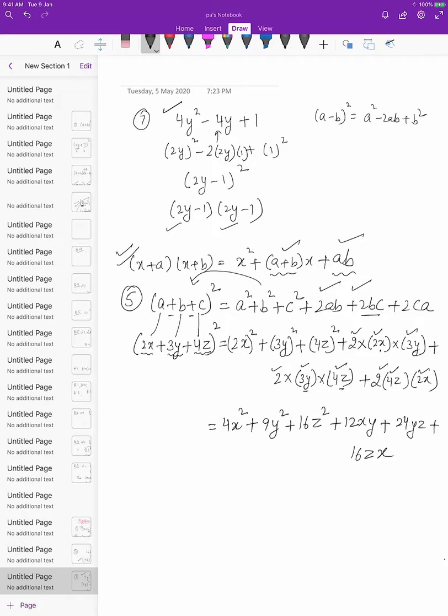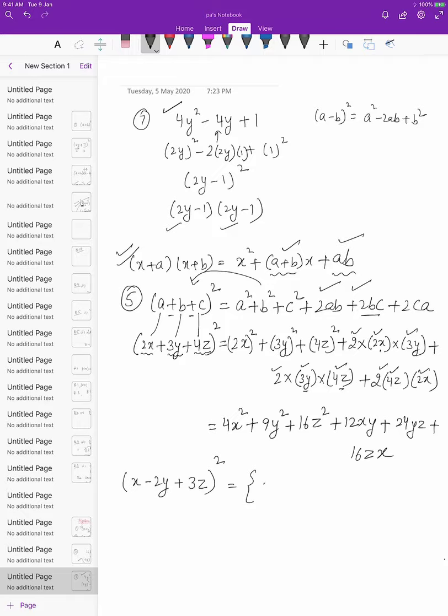Very simple. Now let me take one example with some of the negative terms. Suppose I take a number as x minus 2y plus say 3z whole square. First, I will express this expression as a plus b plus c whole square. So how will I write that?